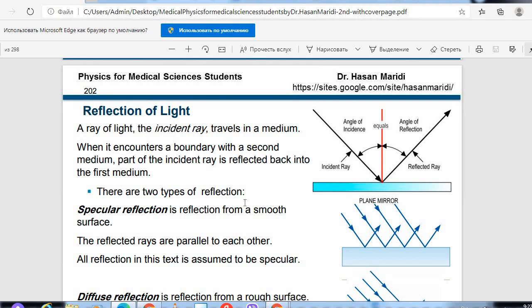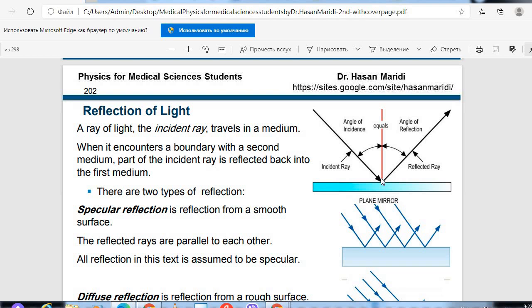If the ray of light, the incident ray, travels in a medium, the incident ray will look like a vector, a little part of a line with some direction. It meets the medium, and we have this perpendicular.